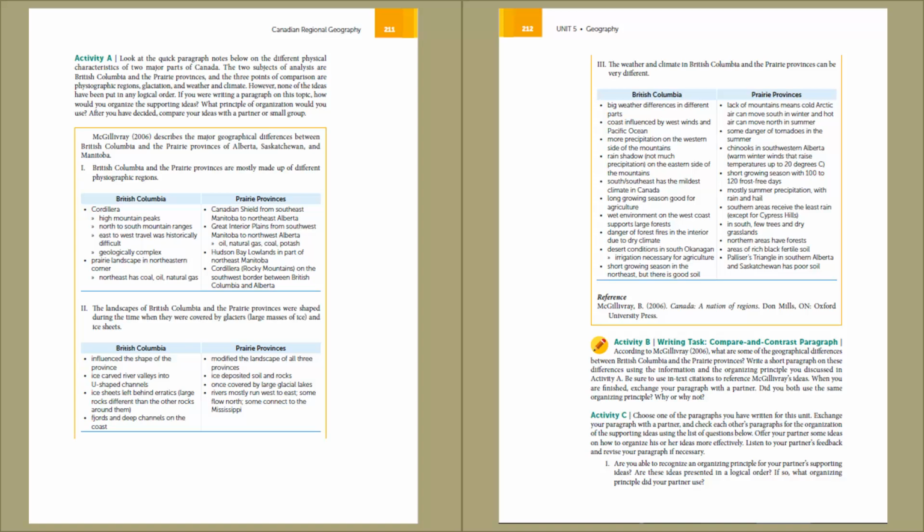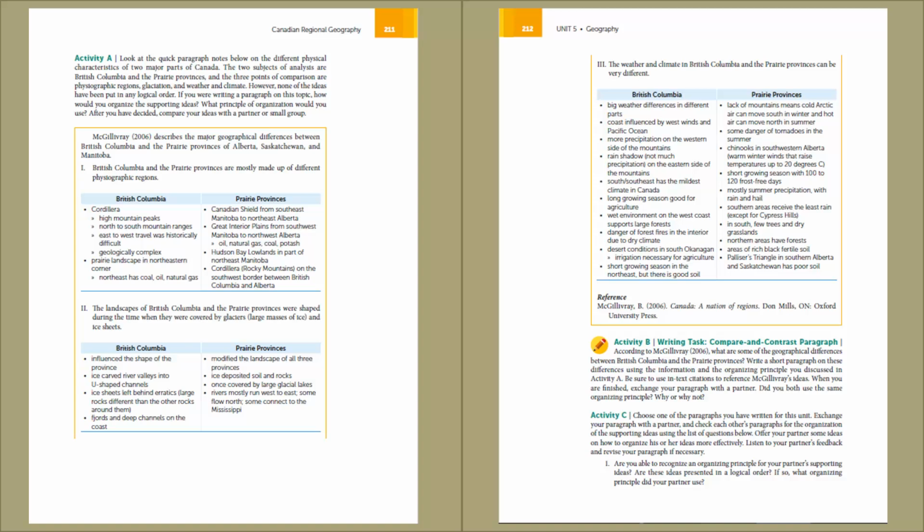In this activity, students are thinking about how to organize supporting ideas in a compare-contrast essay, they're thinking about compare-contrast essay structure, and they're looking at the language of compare and contrast. But they are also learning about Canada and its geography.